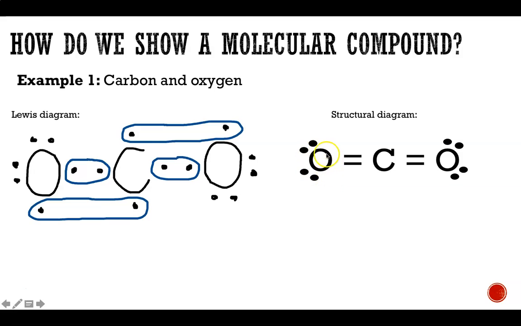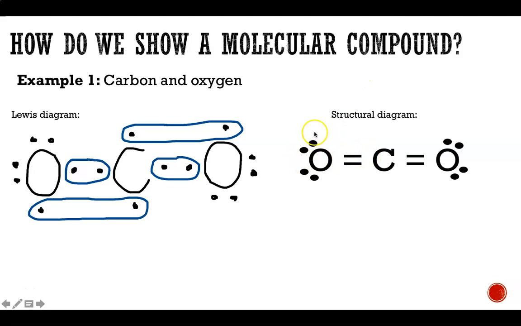So we've got our oxygen, still the 2 pairs of free electrons there, but then we're going to show that we have 2 bonds between that oxygen and that carbon, and 2 bonds with the second oxygen as well. And so you just have to remember, if you're looking at a structural diagram, that each line represents 2 electrons.